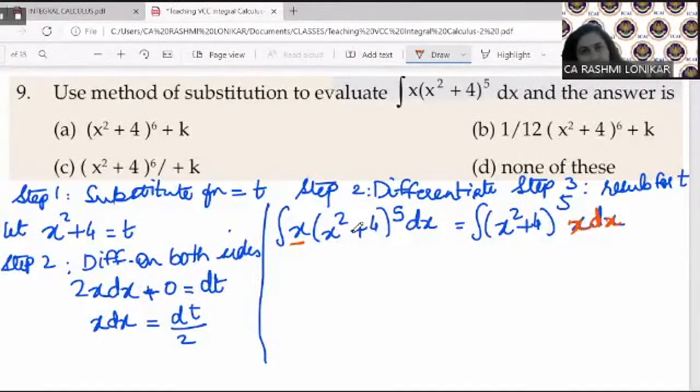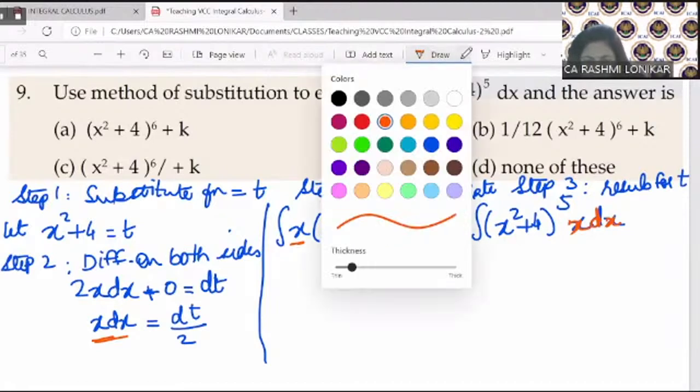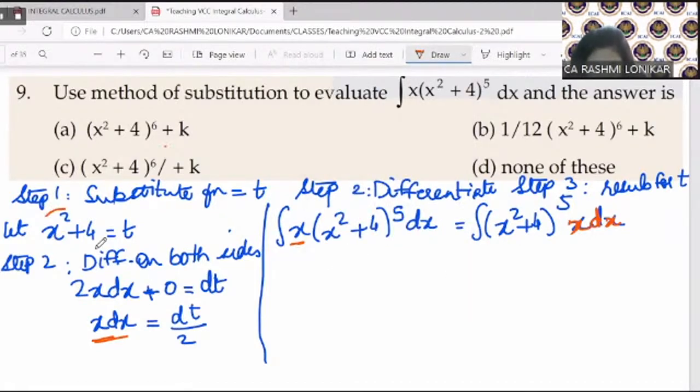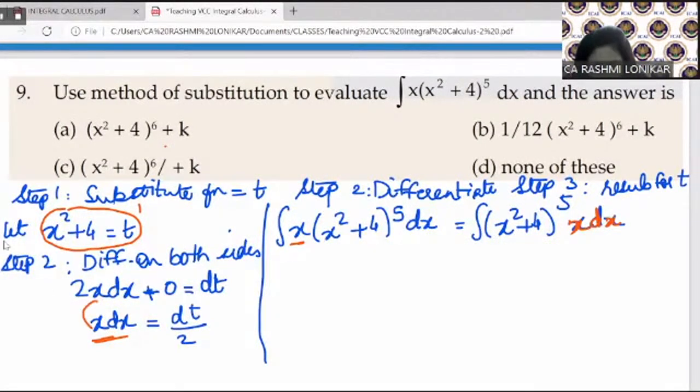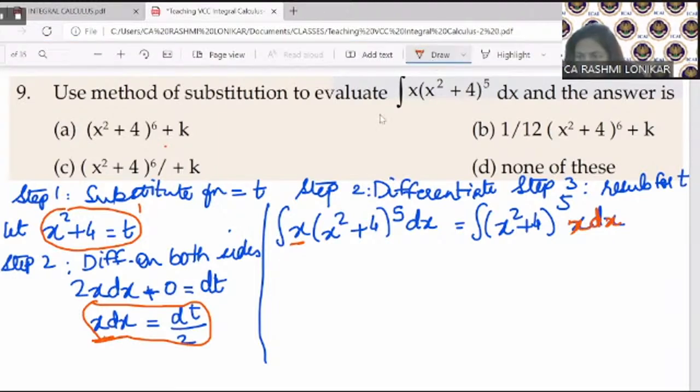This is all multiplication, so I can change the order. So what am I going to do? I am now going to substitute. What are the 2 substitutions I need to do? This is substitution 1 and this is substitution 2. Remember this.